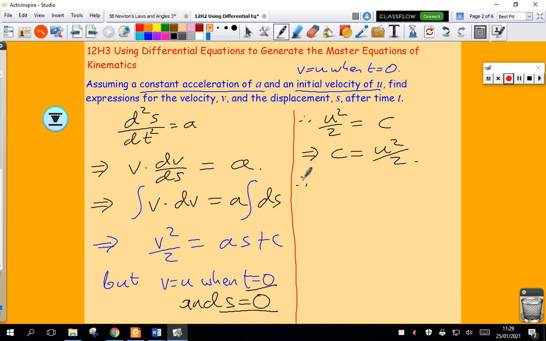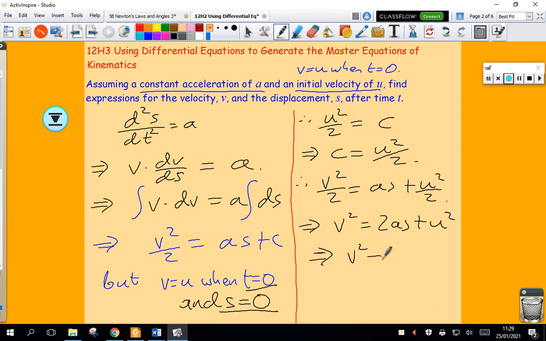Writing out my particular solution then, v squared over 2 is going to equal as plus c, so plus u squared over 2. Doubling on both sides, v squared is going to equal 2as plus u squared, subtracting u squared from both sides. v squared minus u squared equals 2as. And that's another one of my master equations that we've spoken about so far.